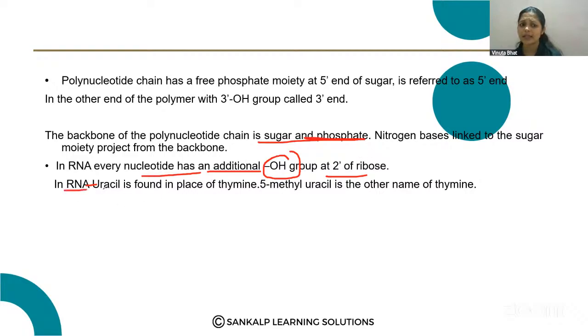So in RNA, uracil is found in the place of thymine. So that we know. In case of RNA, uracil is found in case of the thymine. Okay, so that is the pyrimidine. So that is about the polynucleotide chain of the DNA.